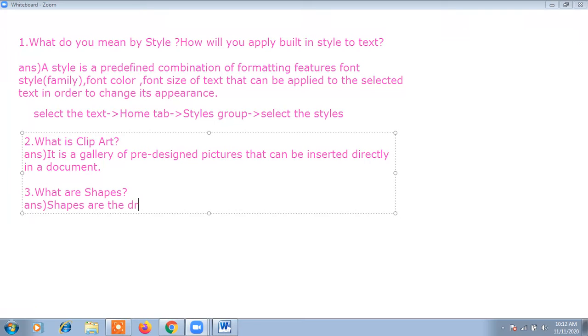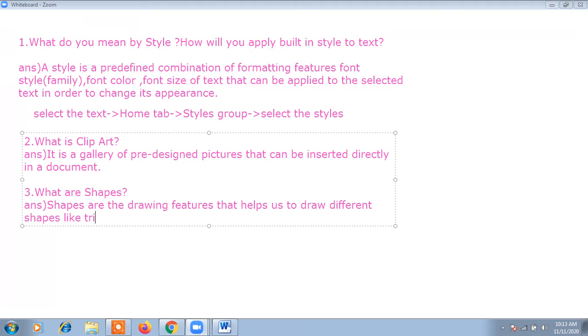Shapes are the drawing features that help us to draw different shapes like triangle, square, rectangle, banner, star, and etc.